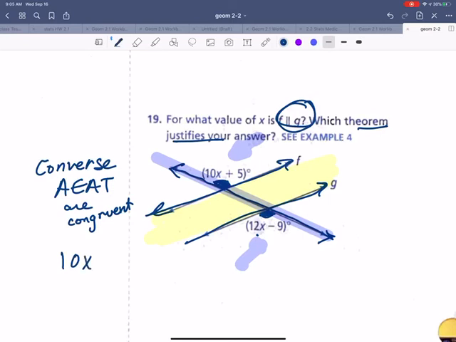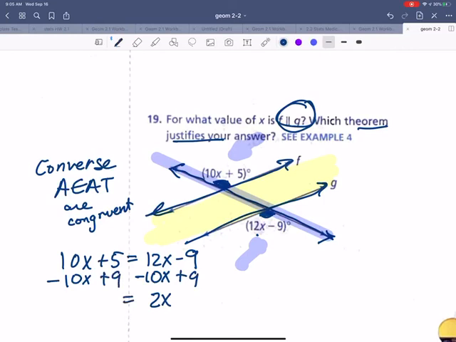So we can set these things equal to each other. If we set 10x plus 5 equal to 12x minus 9, I get x is 7. Now I could plug this back in and just double check my answer.